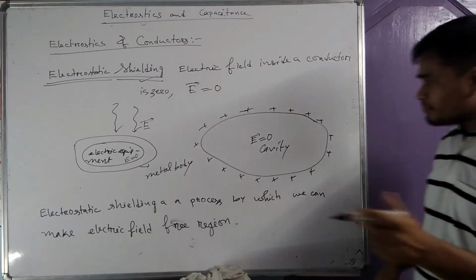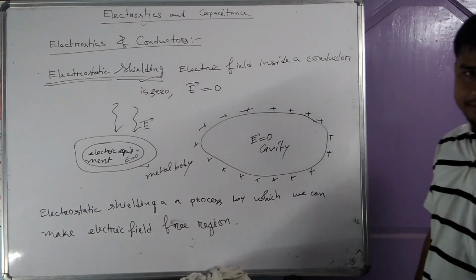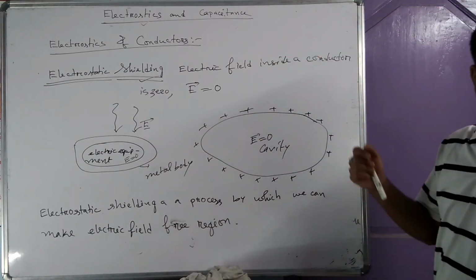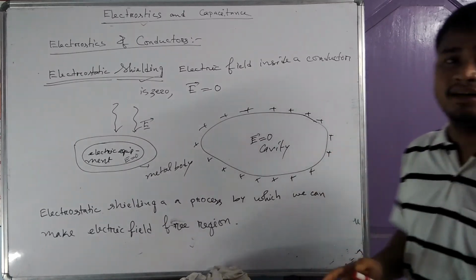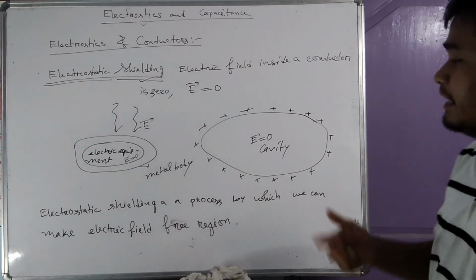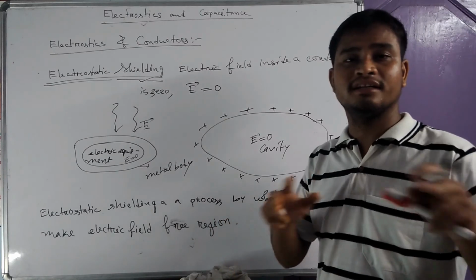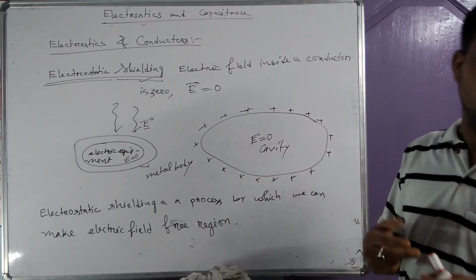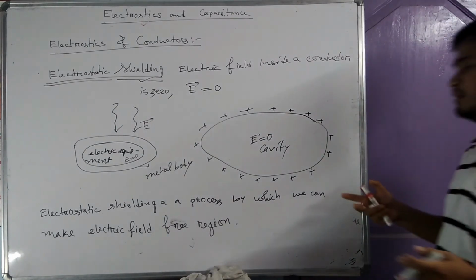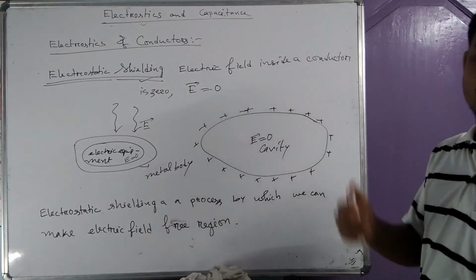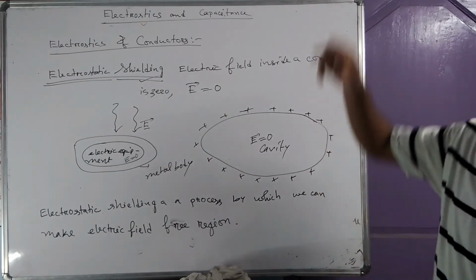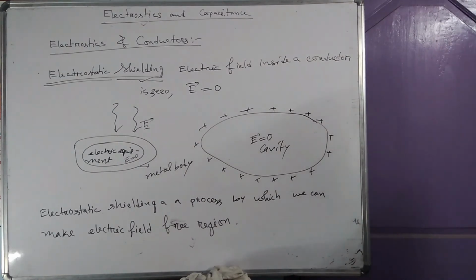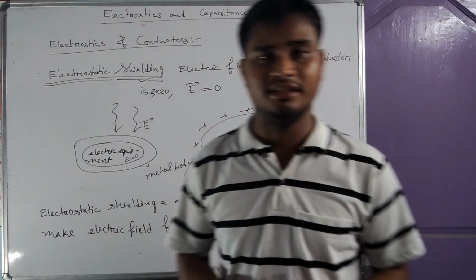Since it is covered with a metallic body, if the electric field is on that metallic body, the region inside the car will be electric field free. That is, a thunderstorm cannot affect a person inside a car. On the other hand, if you are traveling on a bike, the electric field can destroy you. This is electrostatic shielding. Thank you.